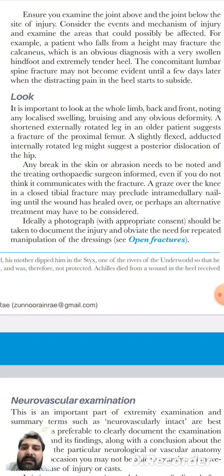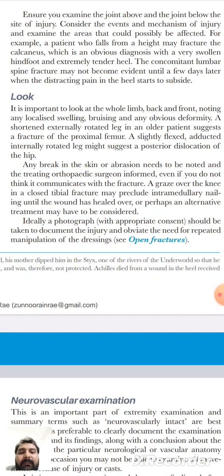A shortened, externally rotated leg in an older patient suggests a fracture of the proximal femur. When the femur fractures, the limb becomes shortened due to the pull of the quadriceps and externally rotated due to the action of the iliopsoas. A slightly flexed, adducted, internally rotated leg might suggest a posterior dislocation of the hip. What are the findings in posterior dislocation of the hip?